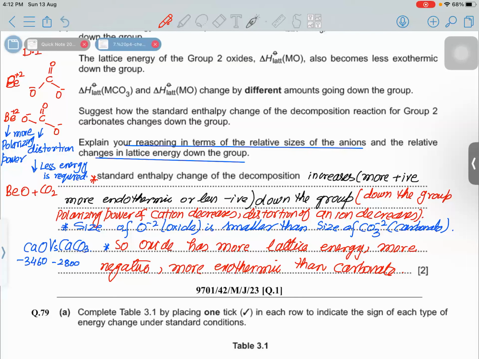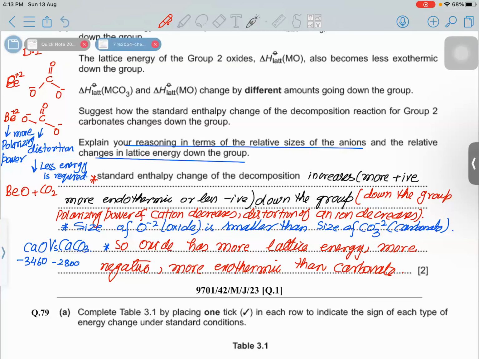So the compounds, as they go down the group, become more thermally stable because beryllium, magnesium, calcium are smaller. Because of smaller size, charge density is more. So distortion is more, and less energy is required to distort the anion. Beryllium oxide is easily formed.